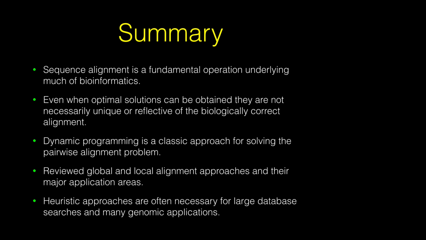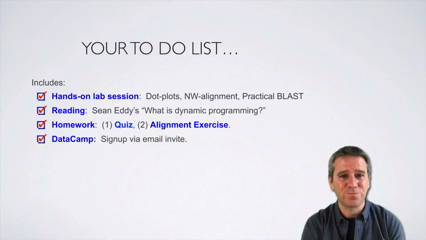Dynamic programming is this classic approach for solving the pairwise alignment problem. We've reviewed global and local alignment approaches and their major application areas, and we've introduced these heuristic approaches that are often necessary for scanning large databases and searching with methods like BLAST or from many genomic applications that we'll talk about later in our course.